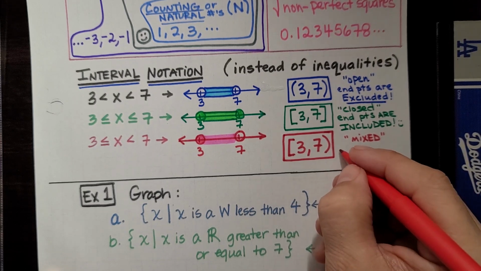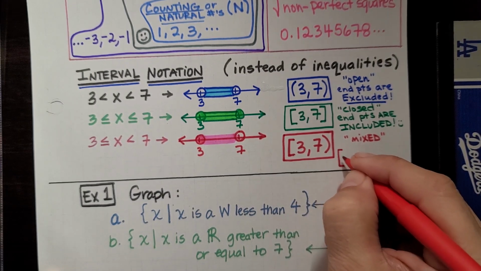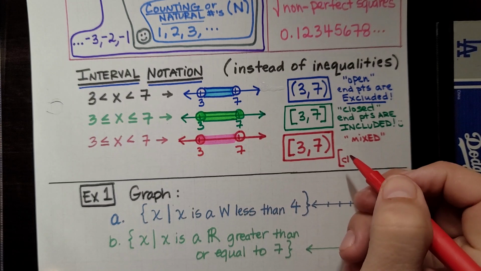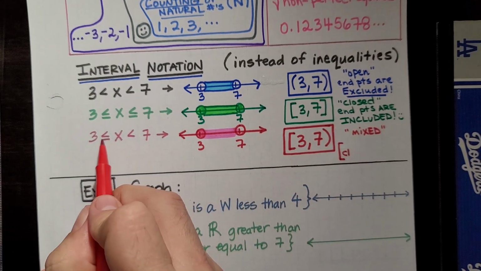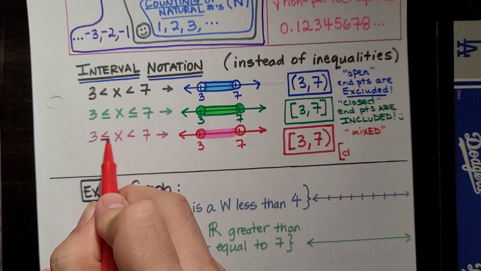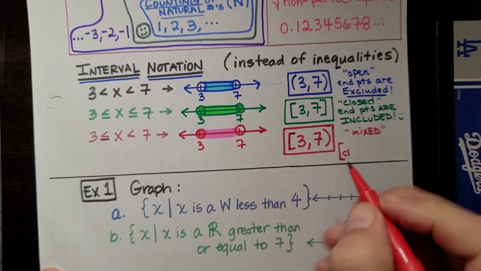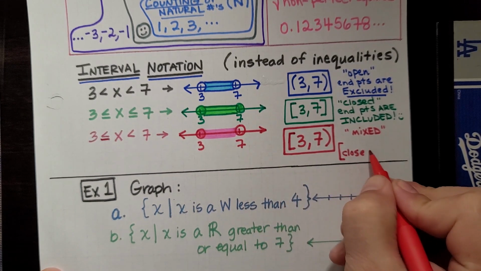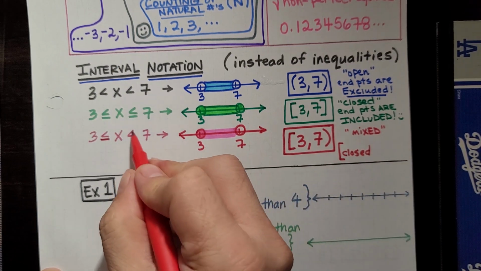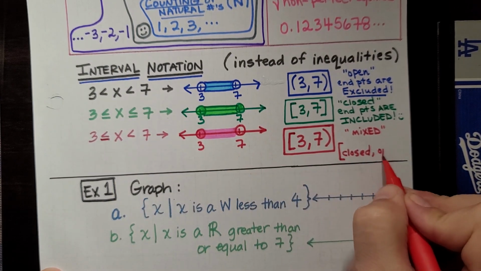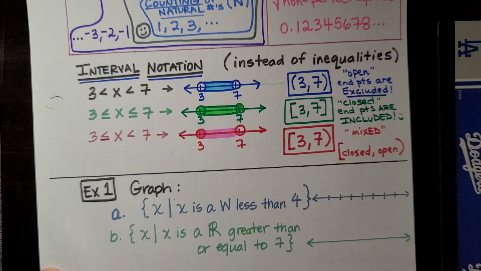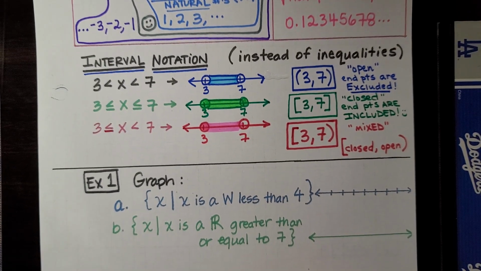And anytime it's closed, use a bracket. Think of it this way if you have a hard time remembering it. If there is a straight line under your inequality symbol, use a straight line as your parenthetical symbol. If there is no straight line under that, use a parentheses. All right.